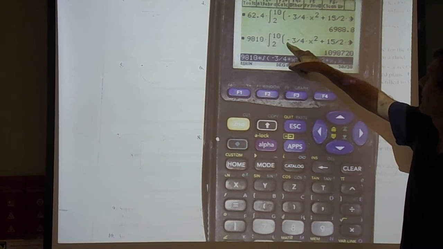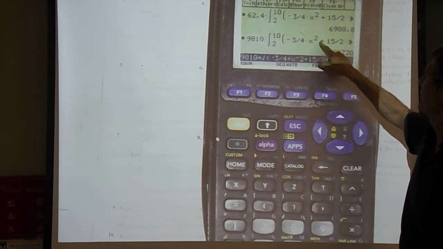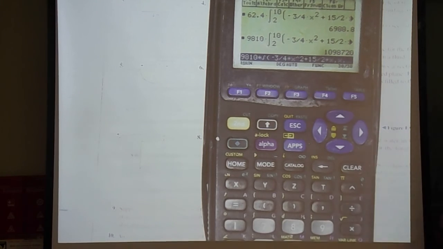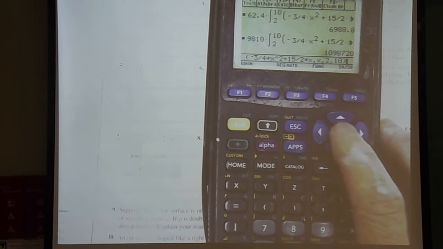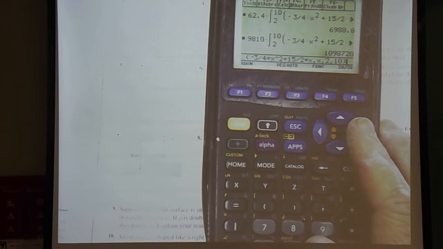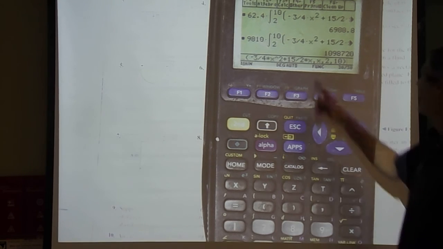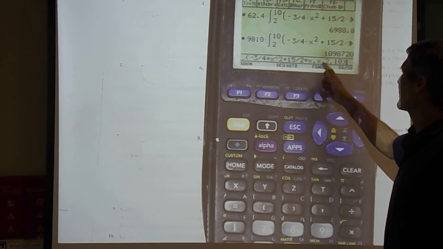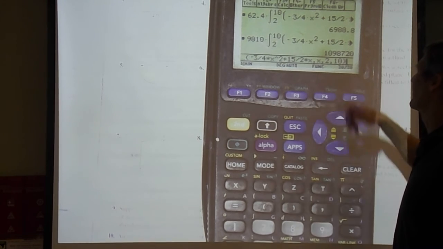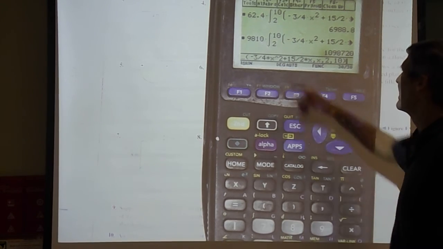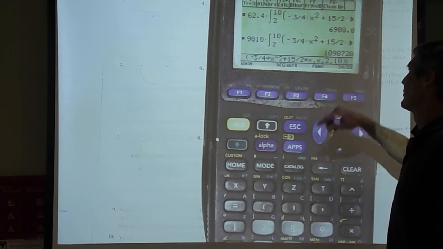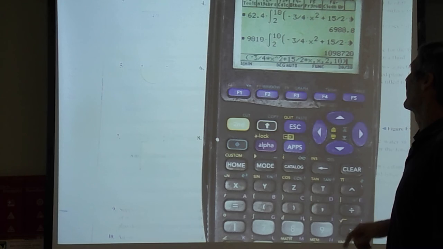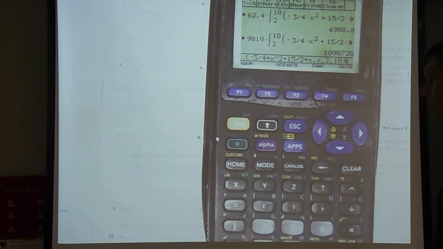And I'll put in the equation, minus 3 divided by 4 times x squared plus 15 halves times x. I'm going to arrow this over a little bit so you can see the rest of it. Comma x means with respect to x, comma 2, comma 10 means integrating from 2 to 10, close the parenthesis. It shows up the way you write it by hand up here and calculates that number. So try those, I think they're real easy this time.